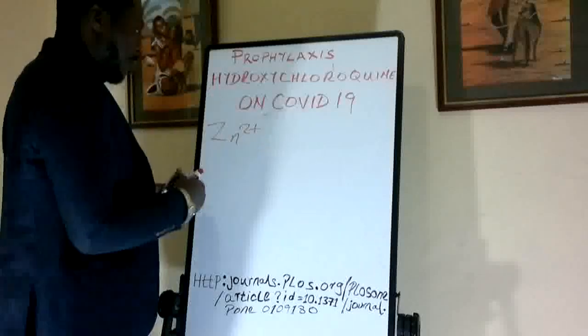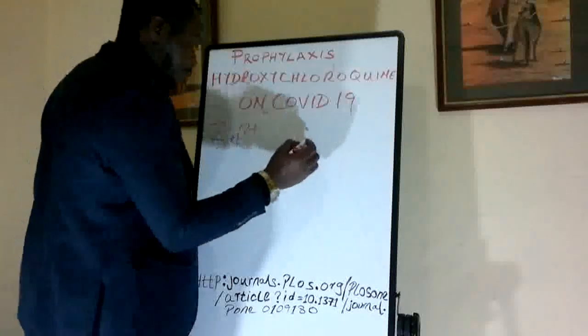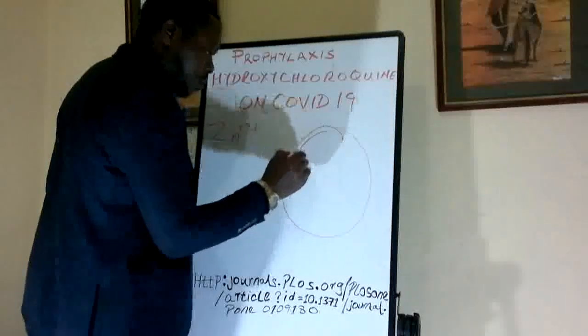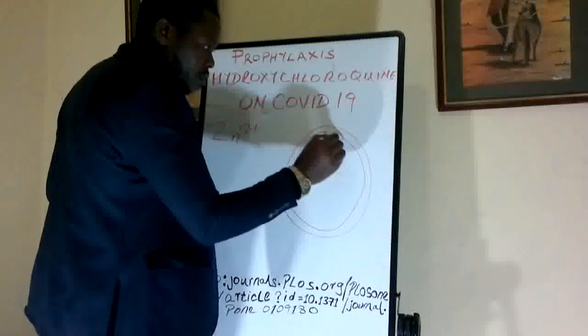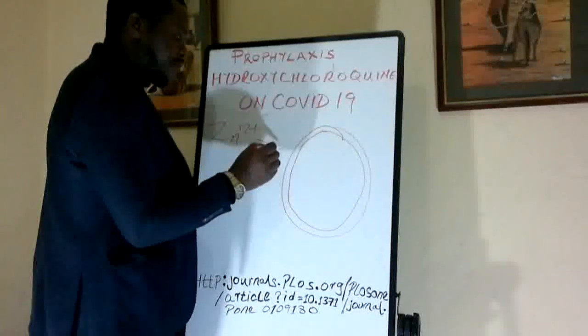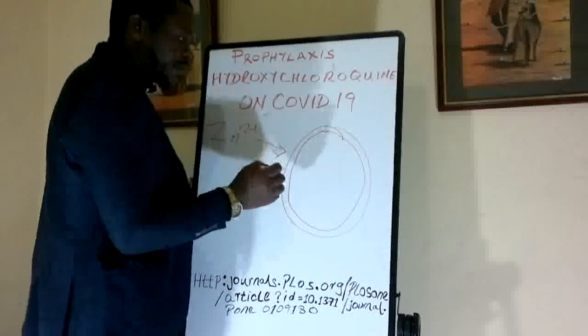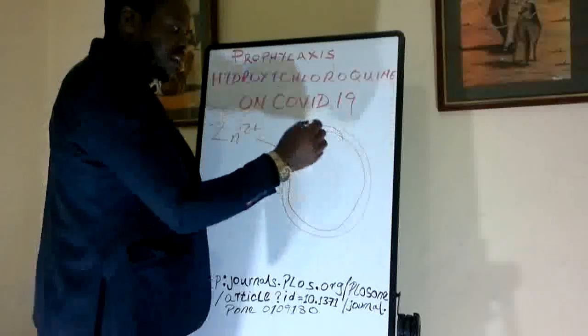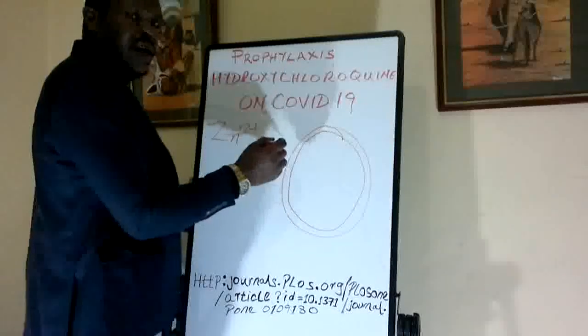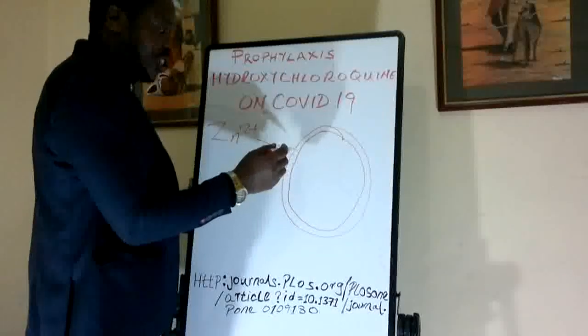So this is a molecule called zinc, and this is our cell. So the study shows that zinc on its own is positively charged, while the cell membrane is not charged. So it's not easy for zinc to penetrate a cell wall that is not charged.